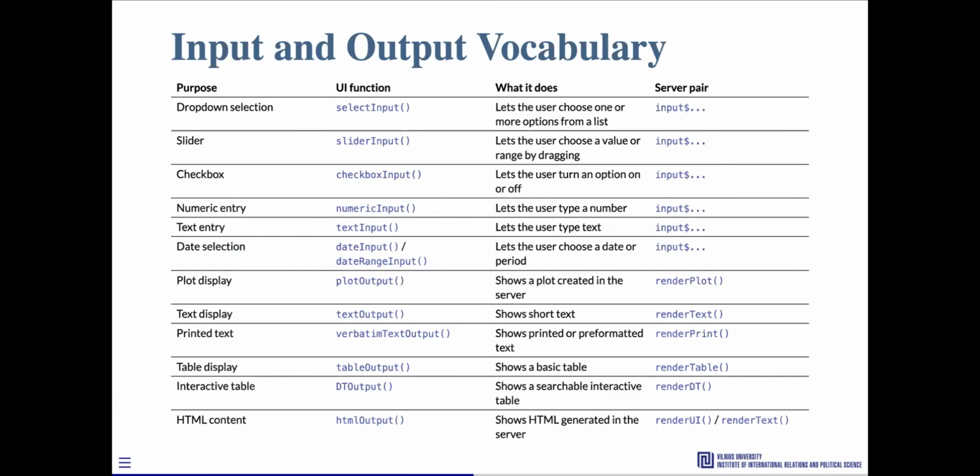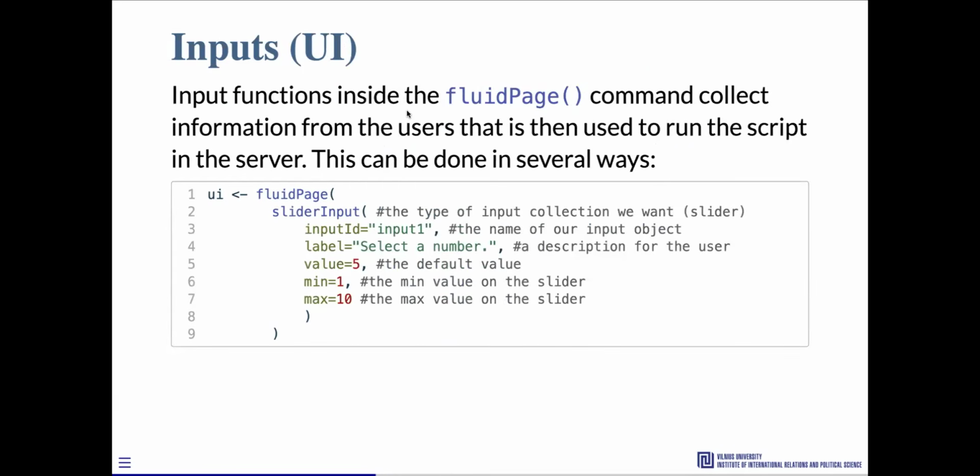Now here we have a longer list of functions and what they're connected to in the server. For example, let's say that we want to have a drop-down selection. We can put the select input, and all of these select inputs will have their own options.